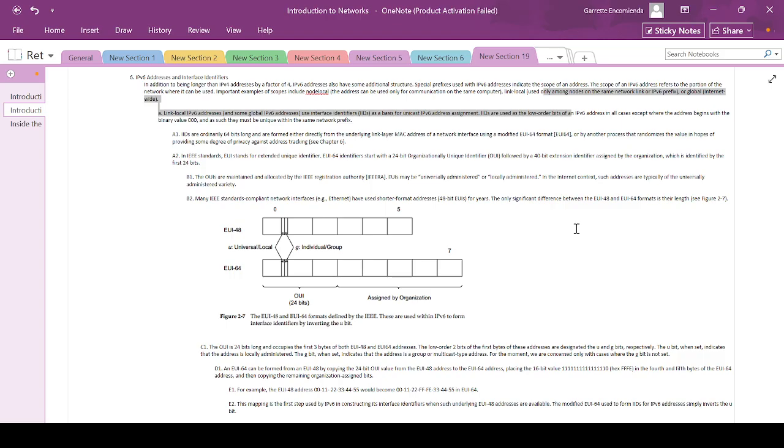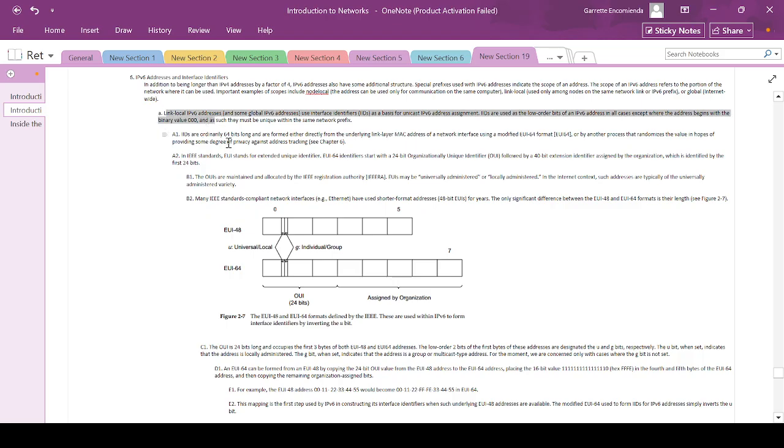So these scopes, or the portion of the network, could be node local or link local. For node local, that's in the same computer. For link local, nodes in the same network link or IPv6 prefix, or global, internet-wide.